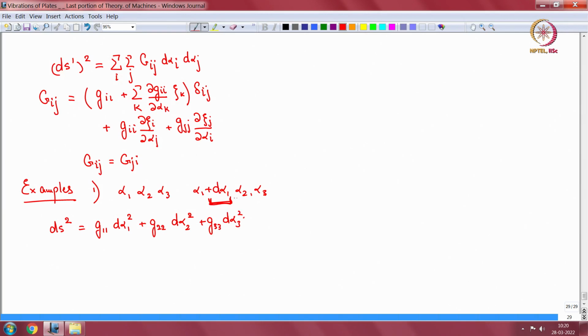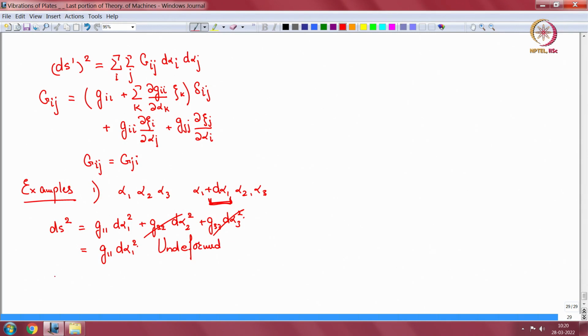In this case d alpha 2 is 0, d alpha 3 is 0, and so this is equal to g11 d alpha 1 squared, the undeformed length squared.